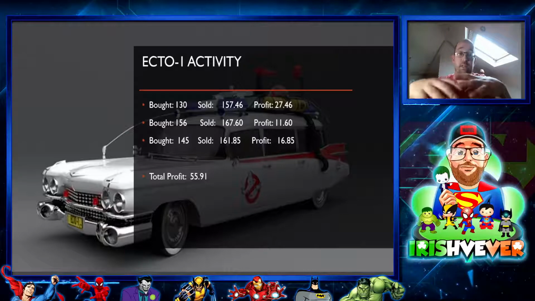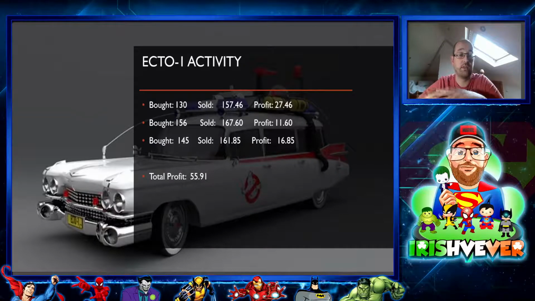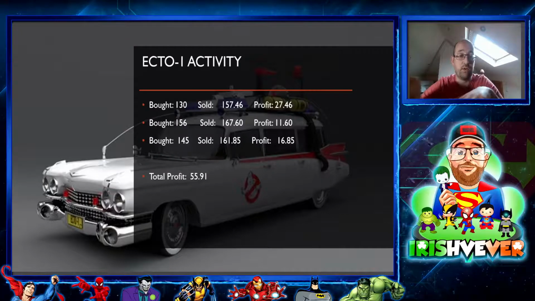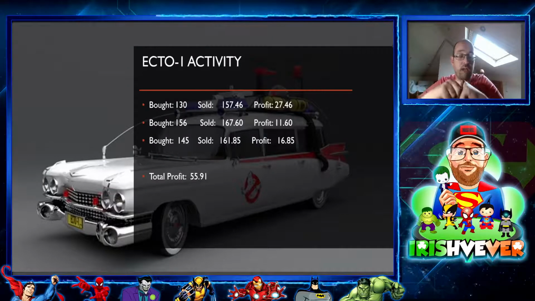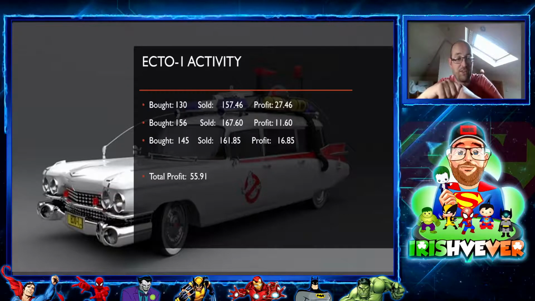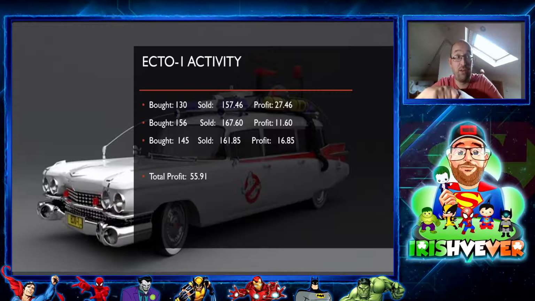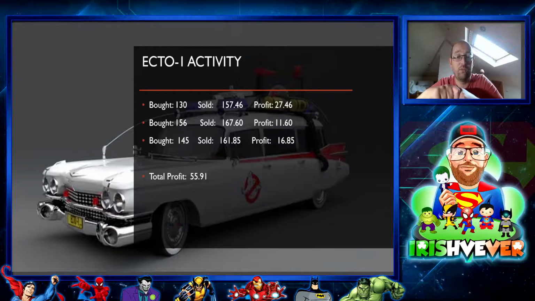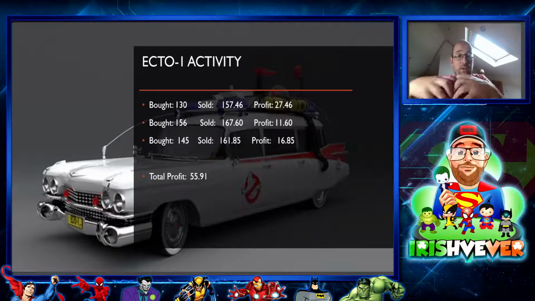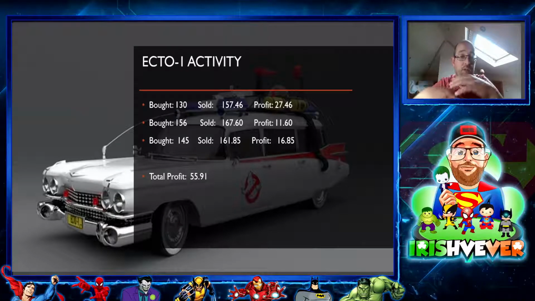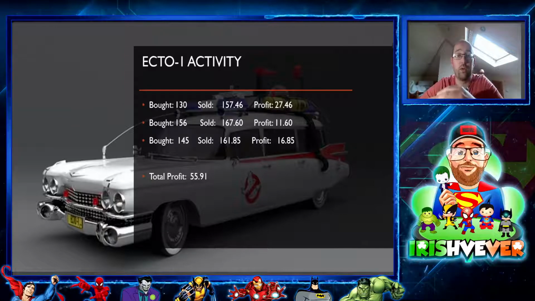This is just one NFT that I looked into, and I liked the way it was fluctuating and it was steady. I haven't looked into the other NFTs yet. I literally just delved into Ecto 1. So there's loads and loads of stuff out there that you can focus on, focus on the price, and be able to identify a good buy quickly, because it will sell quickly.